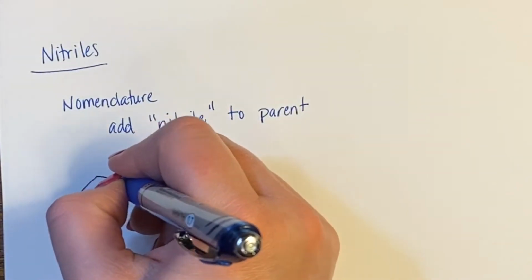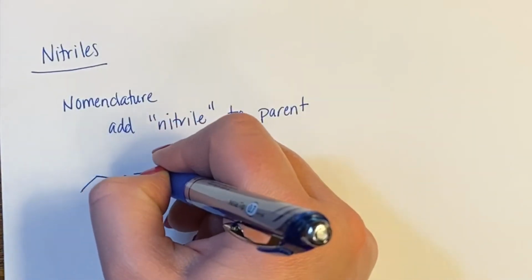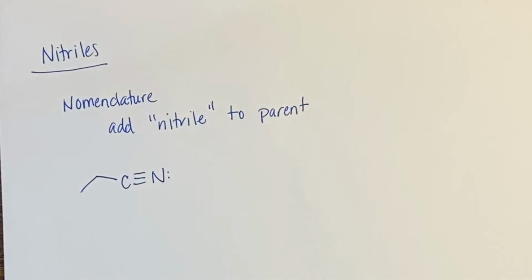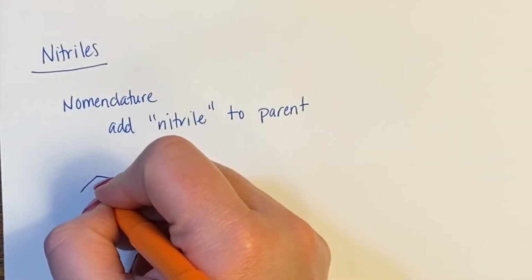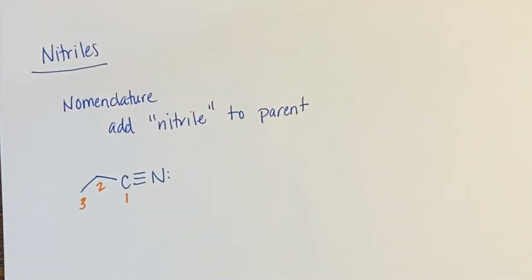So that if I have a nitrile like this one, when I number my chain of carbons, I have 1, 2, 3. So that means my parent name is going to be propane, and when I add nitrile to the end, I'm going to get propane nitrile.